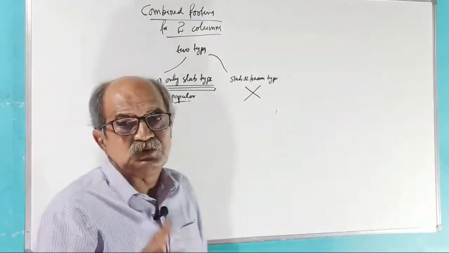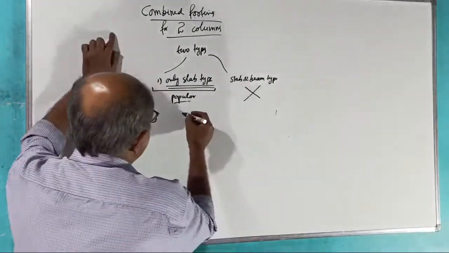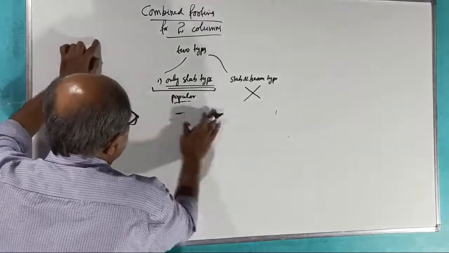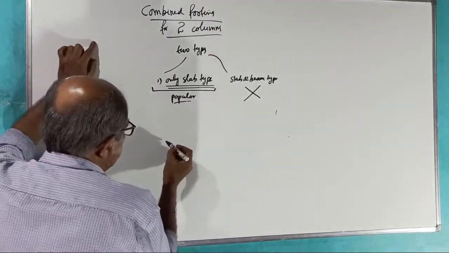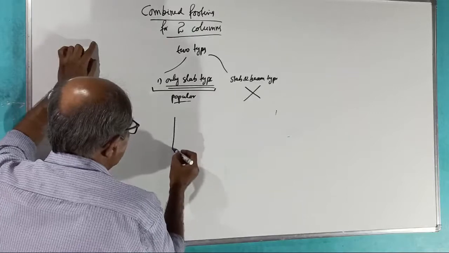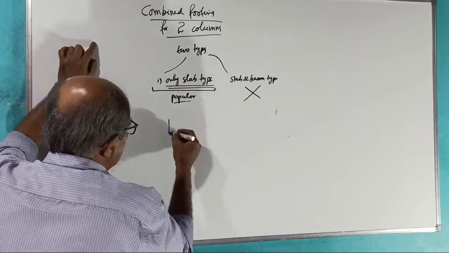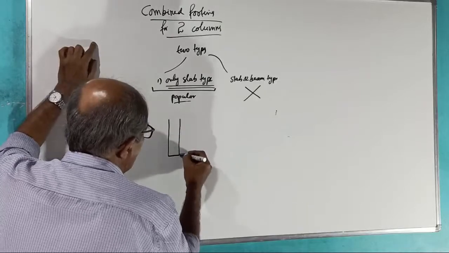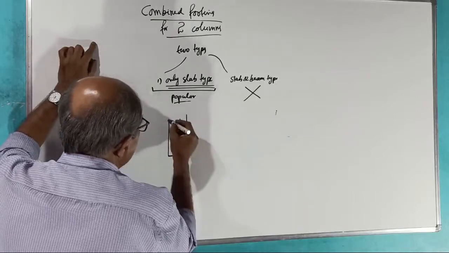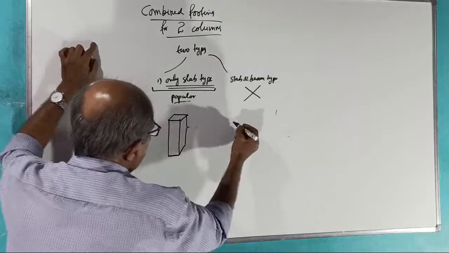Now, first what you do is right here. See, only slab type will be like this. I can show roughly here. One column here. I am not good in 3D views, I somehow manage. One more column here.